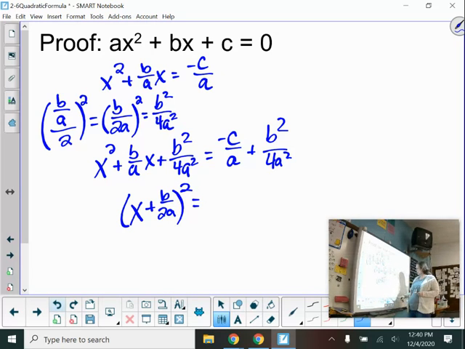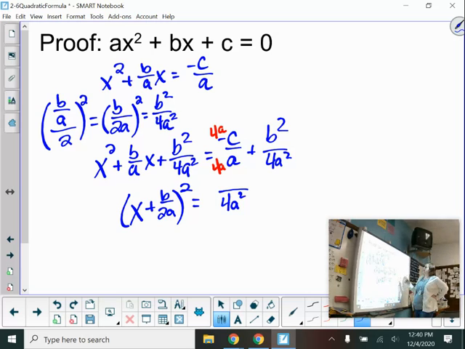On the right-hand side, we actually have to go through and combine these two fractions together. So your common denominator between these is going to be 4a squared. I already have a 4a squared with my second fraction. To make the first fraction have 4a squared, I need to multiply the bottom by 4a and the top by 4a.